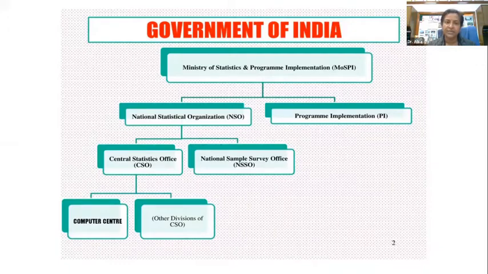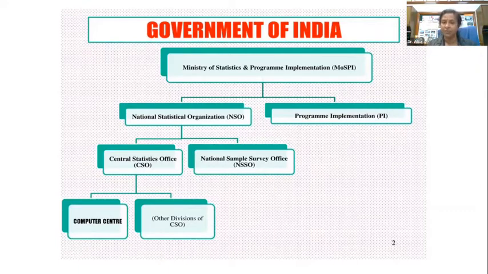And the CSO office is there, NSSO is there, which organize surveys periodically. Sometimes it is quinquennial, that is after 5 years, like different sample surveys, for example consumption or employment. Some are decennial surveys, like the All India Debt and Investment Survey, which comes after 10 years.